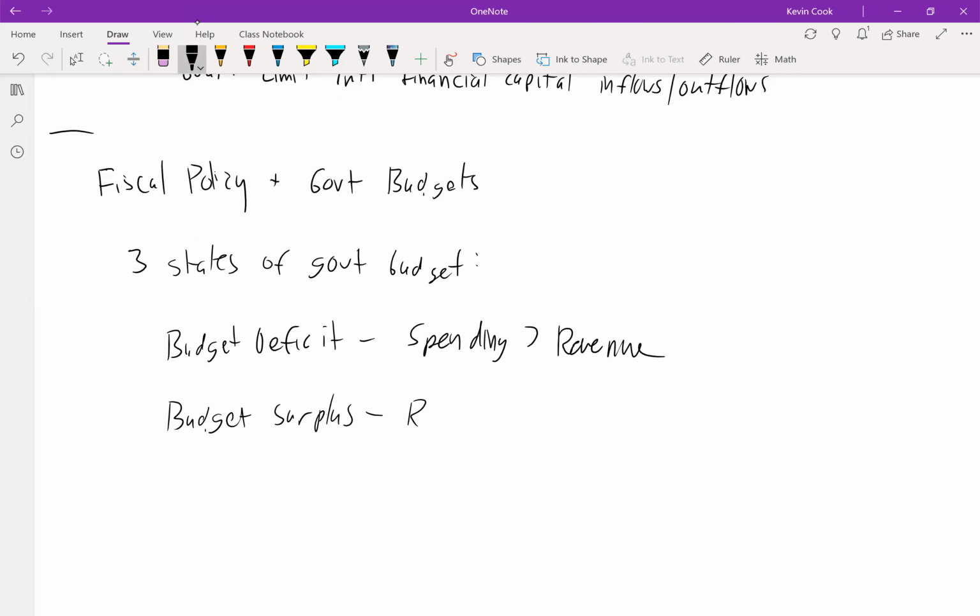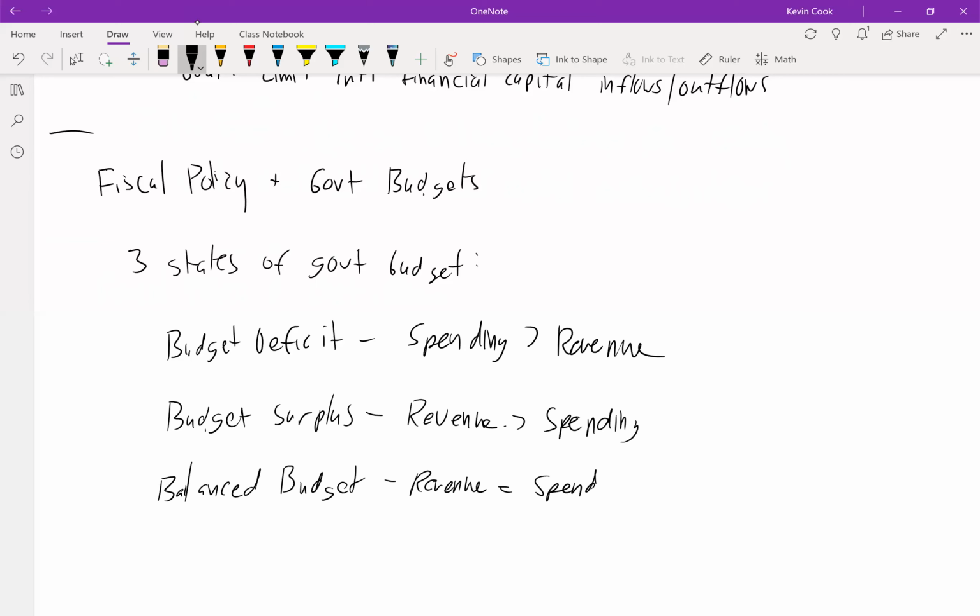And this means just the opposite, that our revenue is greater than our spending. And the third condition we can have is a balanced budget. And as you can probably imagine, which, I mean, we know because we covered this a couple weeks ago, this will mean that our revenue is equal to our spending.